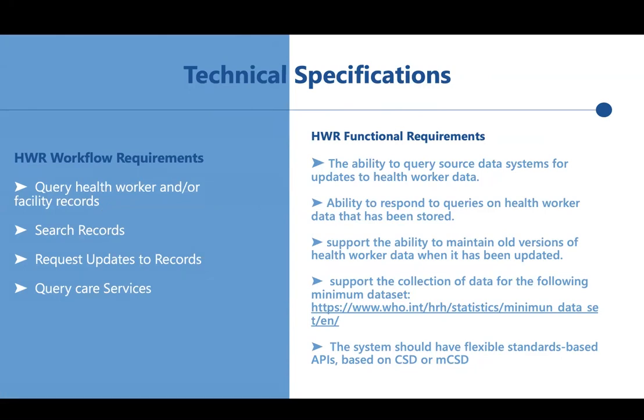You need to be able to do a quick search on your health workers. Who are they? What's the basic information? What's their training? Ideally, based on the data from what WHO put forward around the minimum data set for health workers, but you can have even more information depending on what your country or region needs are.